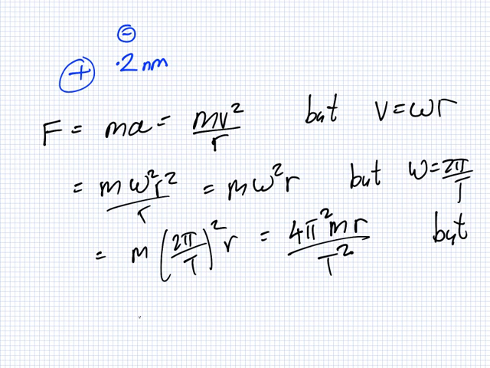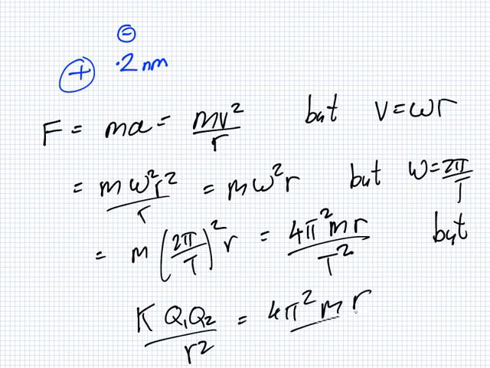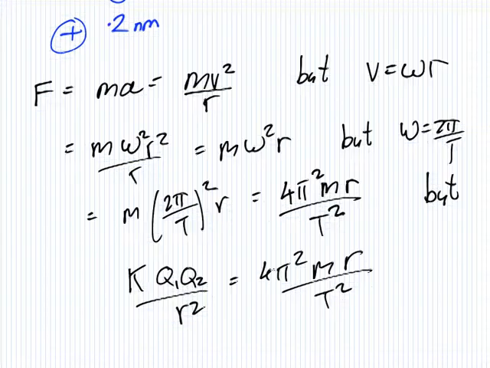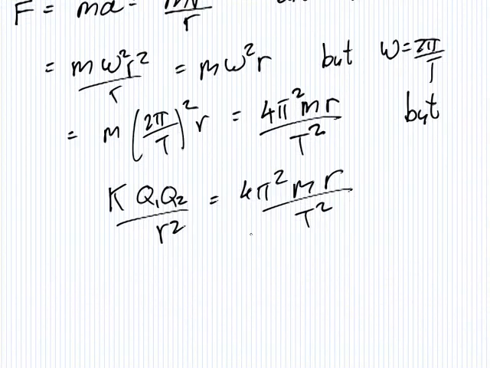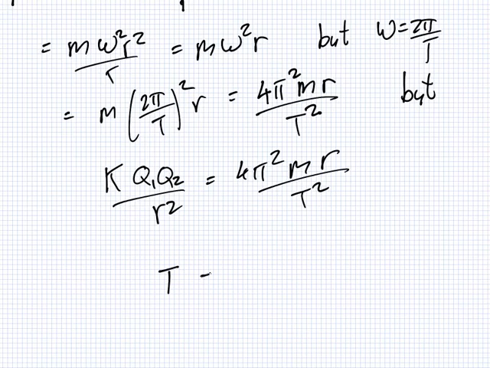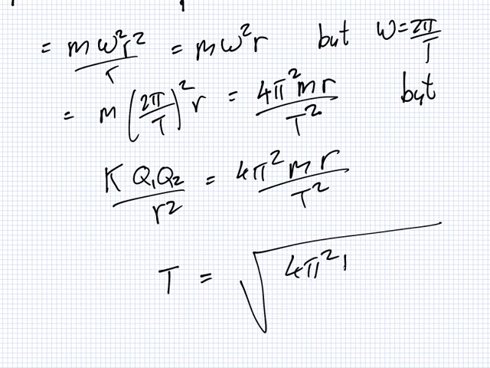This here is equal to k q1 q2 over r squared, which is equal to 4 pi squared m r over T squared. Now, we can rearrange this. We can get T equals the square root of 4 pi squared m, and to be clear, which m is this?